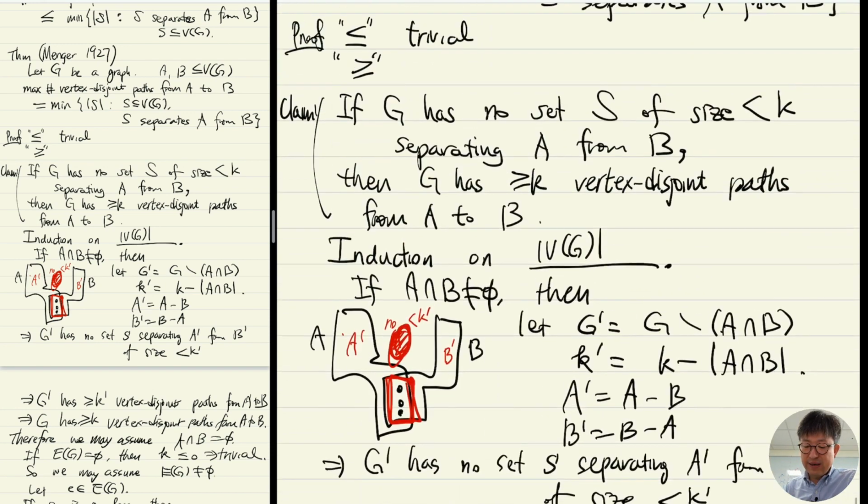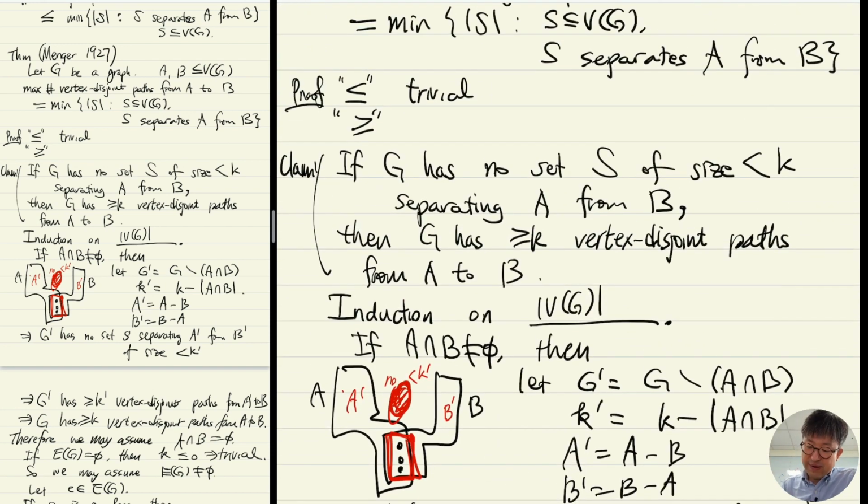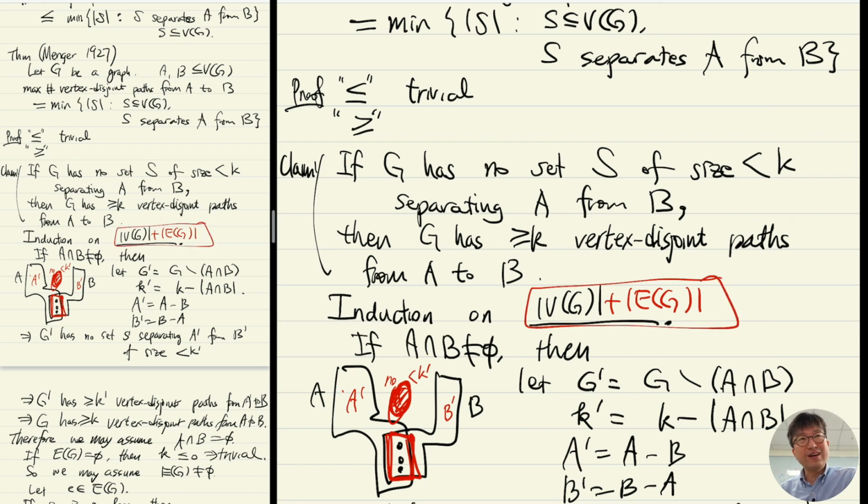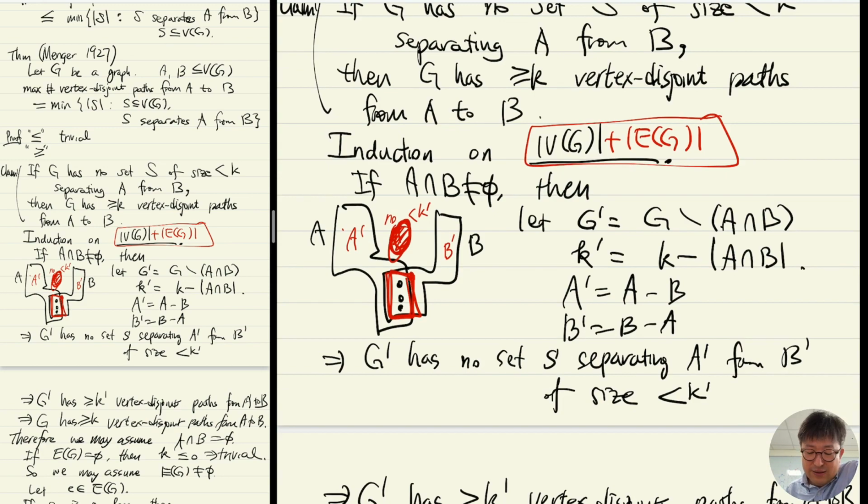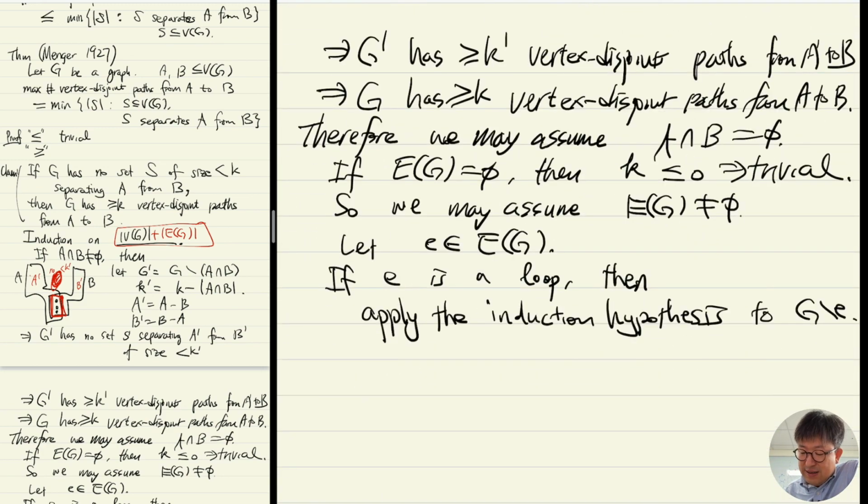But why can I apply induction? Well, now I modify this parameter just by adding the number of vertices with the number of edges. So this will be my parameter for induction. That means I'm going to consider the minimum counterexample with this number as small as possible. So if I delete an edge E, then I don't decrease the number of vertices, but I definitely decrease the number of edges.